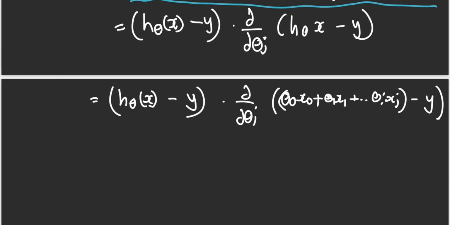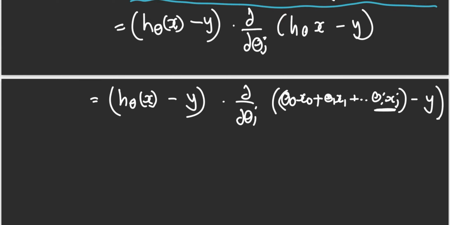You can see that the partial derivative of this means everything in this expression is a constant, right? This has nothing to do with theta j. This has nothing to do with theta j. The only thing that's left in this example is this expression with theta j xj. And remember, theta j is our variable that we're interested in. xj is going to be a constant.